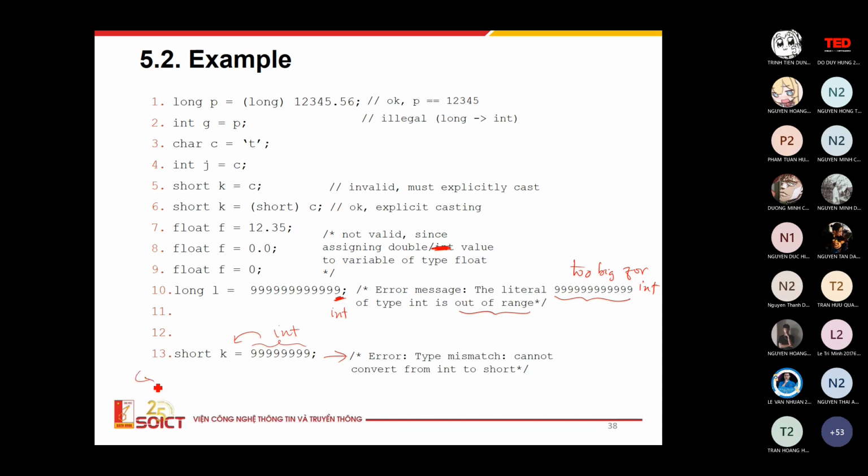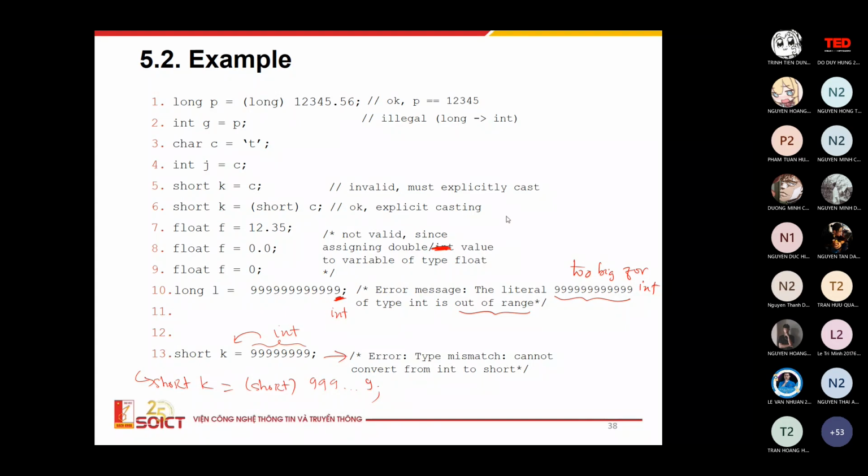How can you write it? Short k equals short of 9999. Okay, students, for this example, is this okay? Okay, thank you.